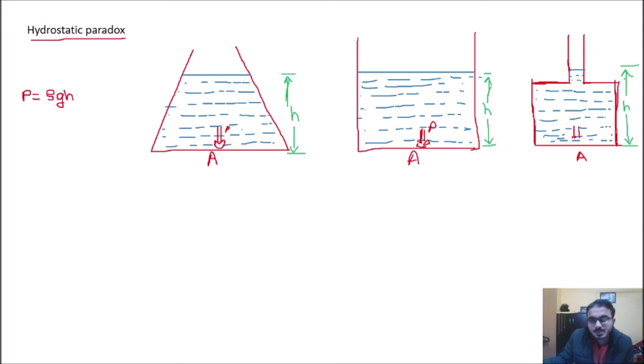As the height of the liquid is the same, H is equal to P upon rho g is the same. So based on this, the pressure value should be the same for all three vessels, despite the change in shape as well as the weight of fluid being different in all three cases. So this same pressure, despite having different shape and weight, is known as hydrostatic paradox.